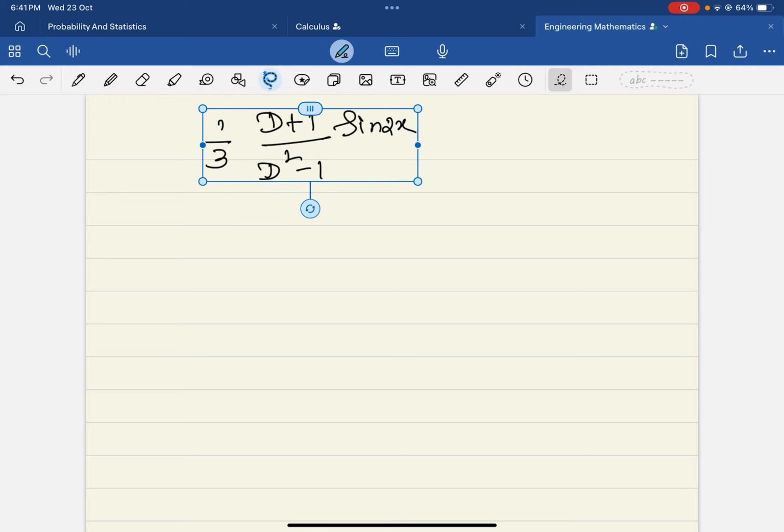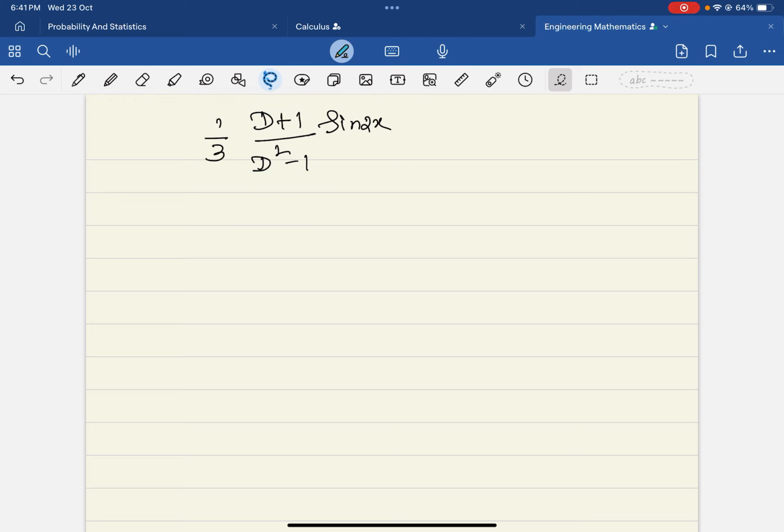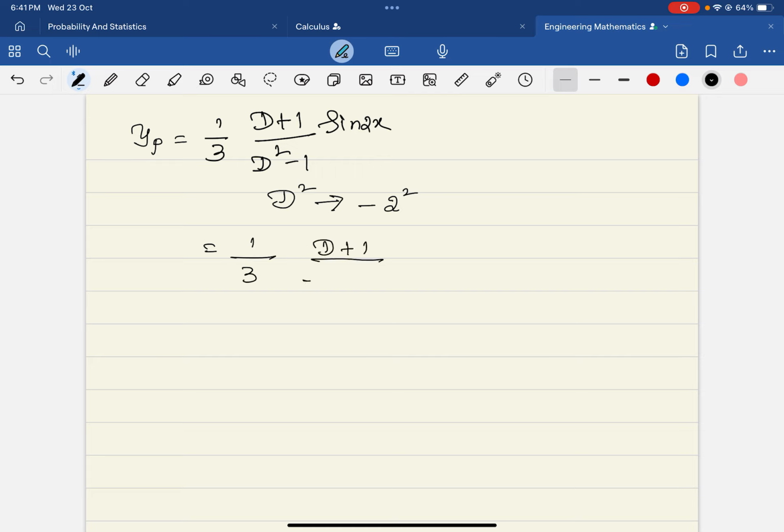So this is what we got as your yp. Now D square must be replaced by minus 2 square. So it gives 1 by 3 times D plus 1 times 1 over minus 4 minus 1 of sine 2x.